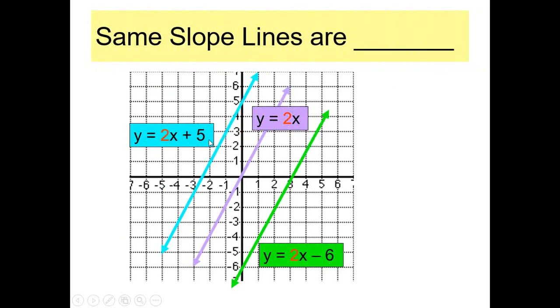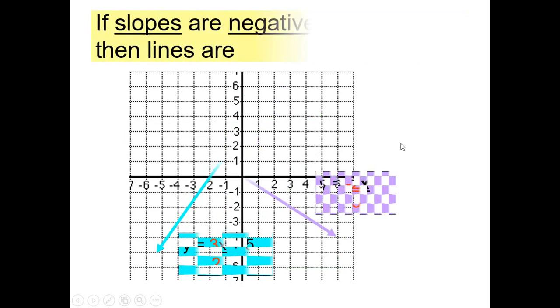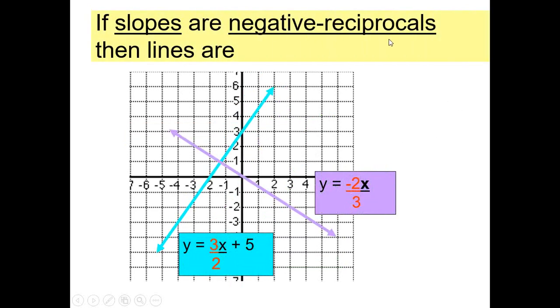All right, same slope lines. What's true about them? If they all go up 2 and over 1, up 2 and over 1, up 2 and over 1, then aren't they parallel lines? Yes, they're parallel. Slopes that have negative reciprocals, then the lines are perpendicular. You remember? 3/2, if you flip it and change the sign, some people call them opposite reciprocals.